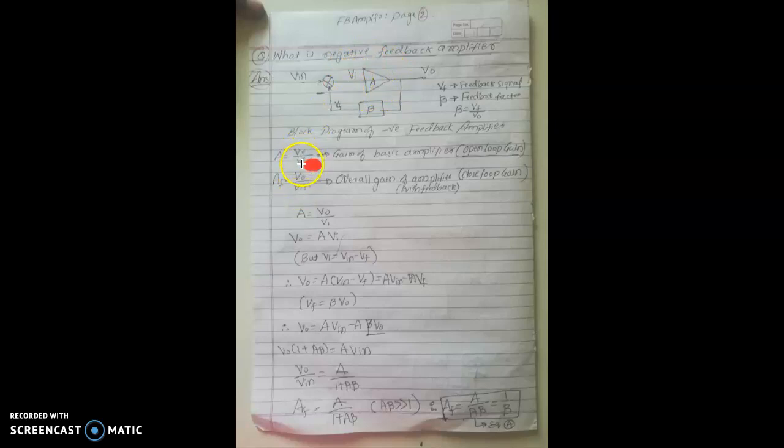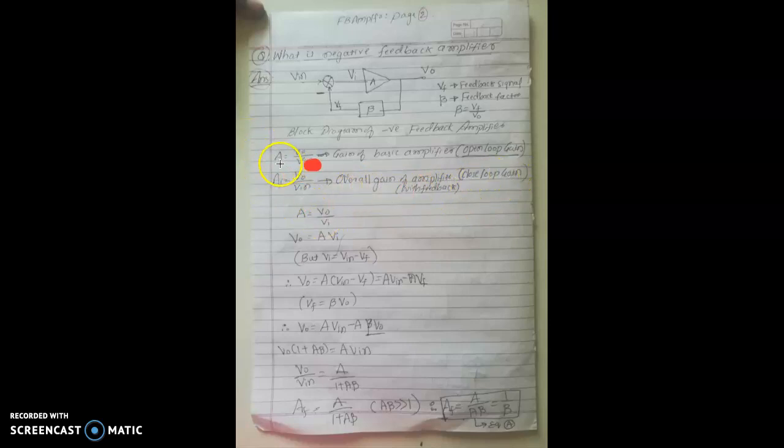A is equal to V0 divided by Vi. And if the whole overall amplifier is considered, the gain is with feedback, with all this being considered. In that case, output voltage is V0 and input voltage is V in. The ratio of V0 divided by V in is referred to as AF, that is the gain with feedback. Gain with feedback is also referred to as overall gain or closed loop gain.